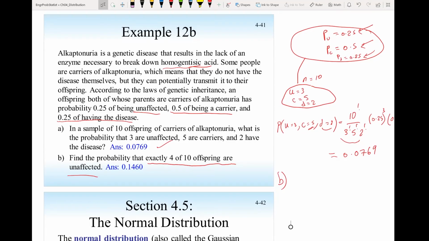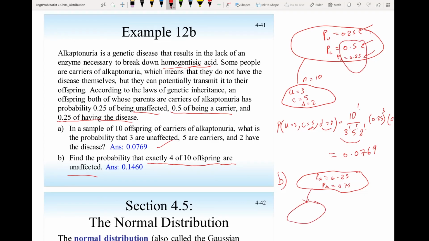Now you can reduce the multinomial to a binomial. I will think of the population this way: unaffected is 0.25. Everything else, disease and carrier, I will lump as one group, and you can put DC here. That probability will be the sum of these two, 0.75.